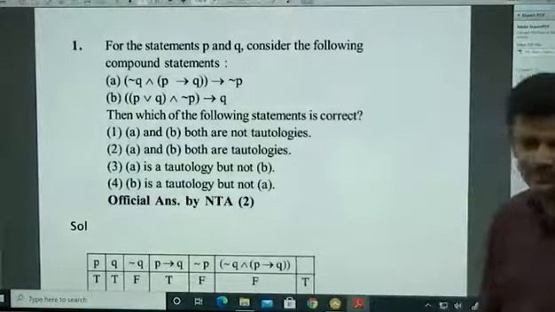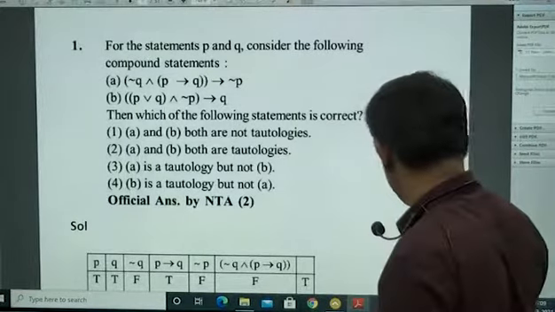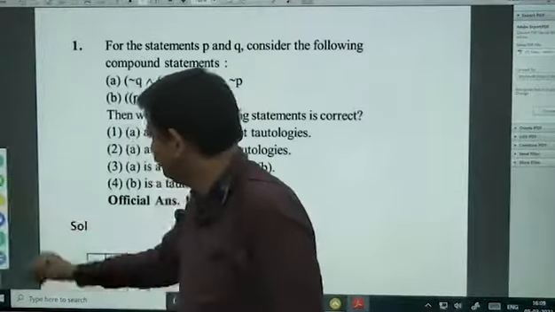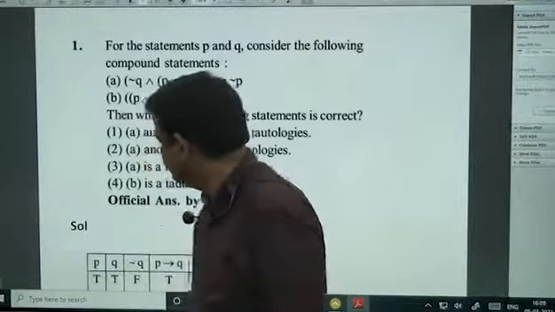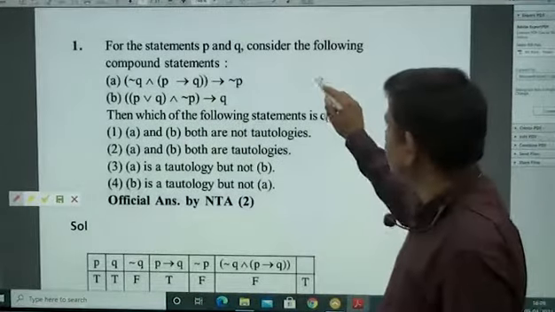So quickly, for the statements P and Q, consider the following compound statements. Yesterday also we looked at a similar question. What is that we need to do?